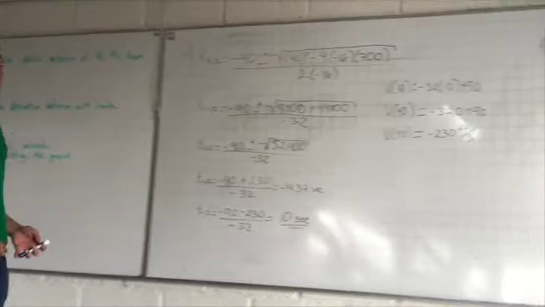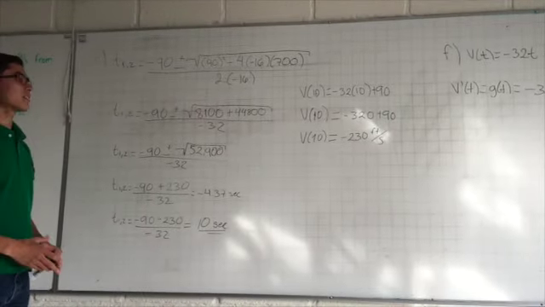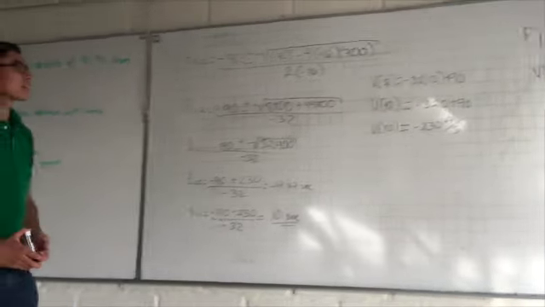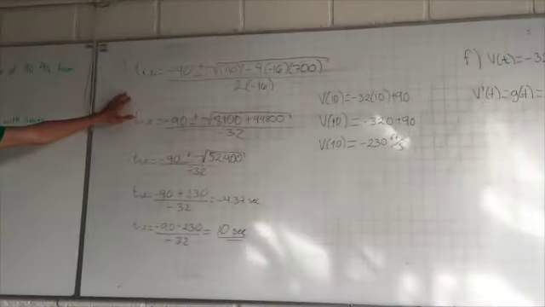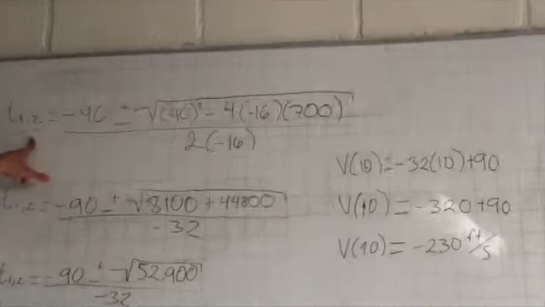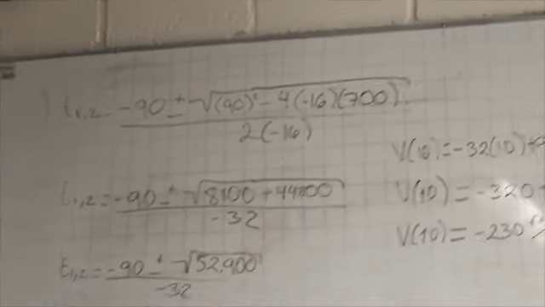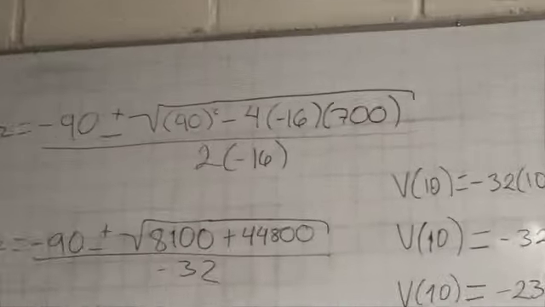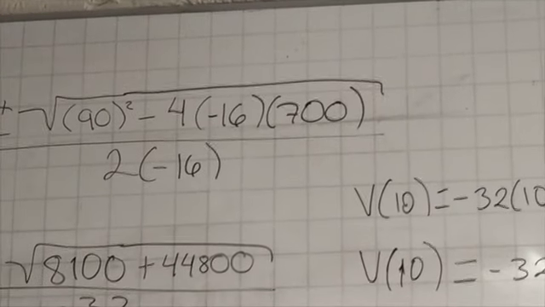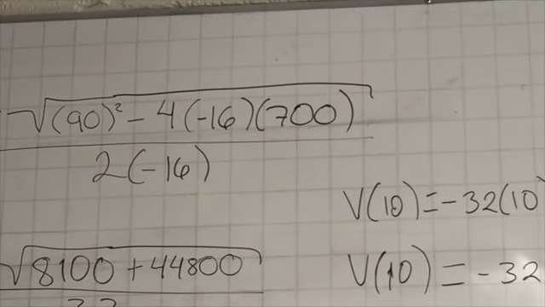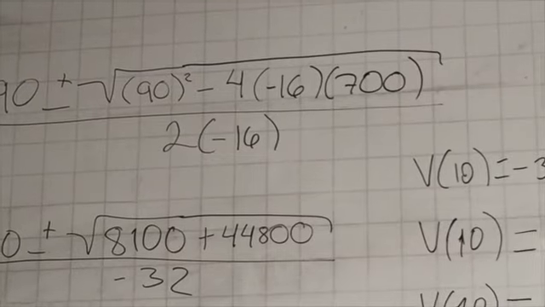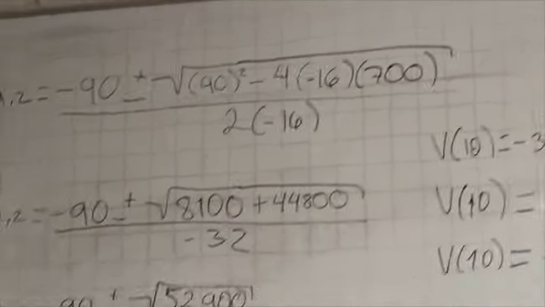Calculate the value of the impact velocity of the helmet. First, to calculate the impact velocity, we need to calculate the time, and for that we use the general formula, and we get minus 90 plus minus the square root of 90 squared minus 4 times minus 16 times 700, all over 2 times minus 16.